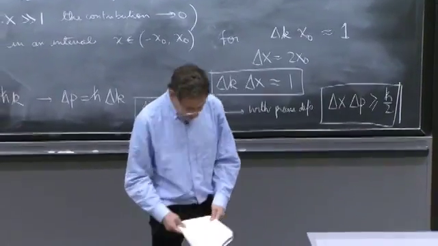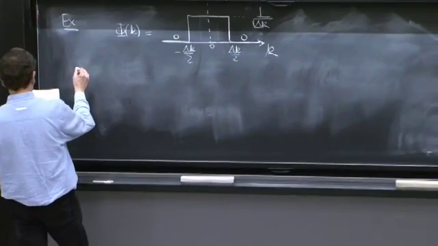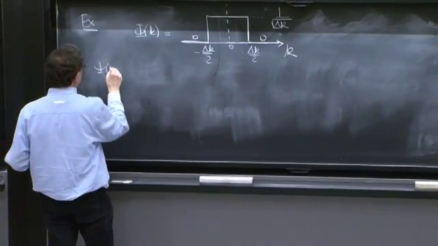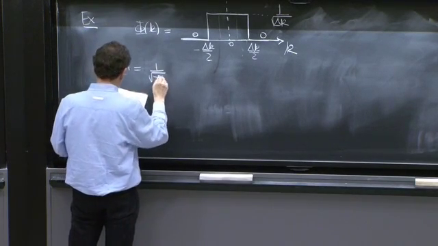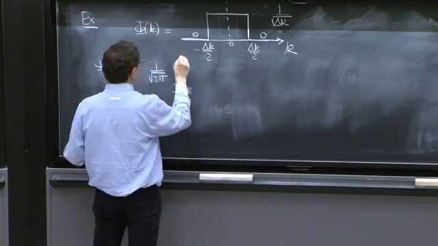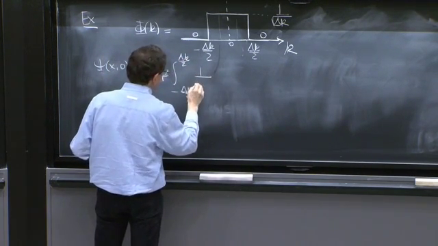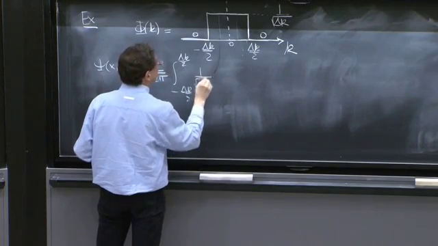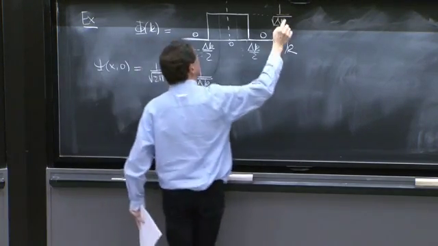Correct. So psi of x, we have to do the integral, psi of x at 0. It's 1 over square root of 2 pi, integral from minus delta k over 2 to delta k over 2 of the function, which is 1 over square root of delta k in here.